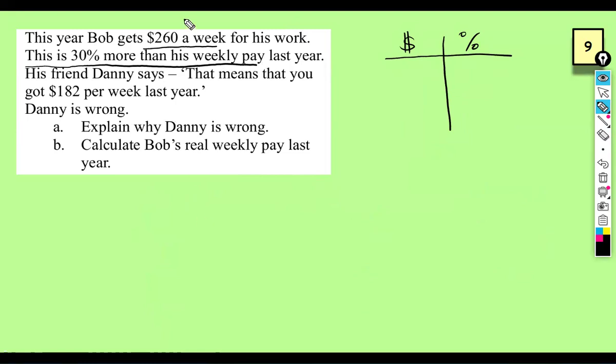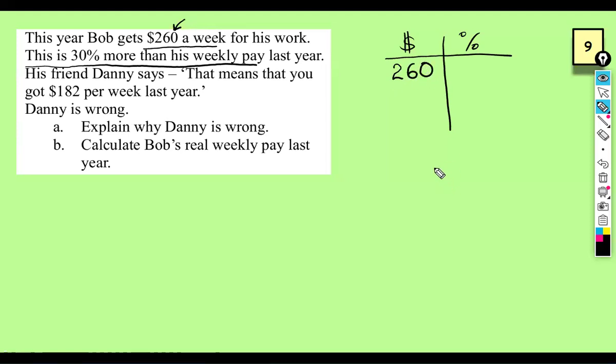So this $260, is this after the 30% raise or before the 30% raise? From the grammar in this question, what does it suggest? Right, it's after. So Bob is currently getting $260, so he's pretty happy.